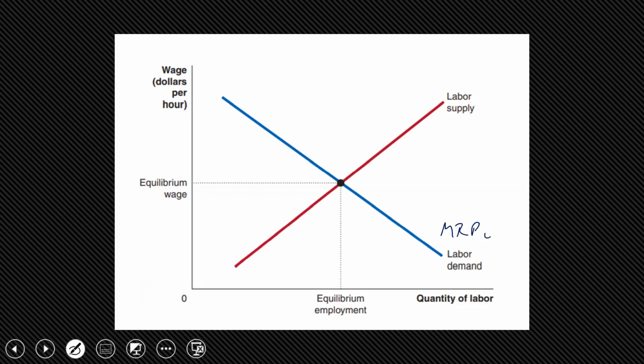Basically, the firm's willingness and ability is based on how much money you're going to generate for the company. And then the labor supply curve is based on your own personal preferences for goods and services, and how much you think you need and want, so that way you can buy as many goods and services that you feel like you need or want in life and maximize your overall satisfaction.